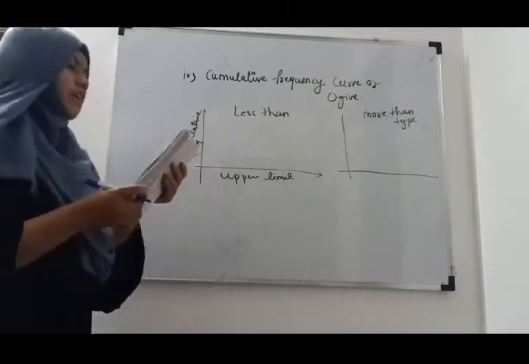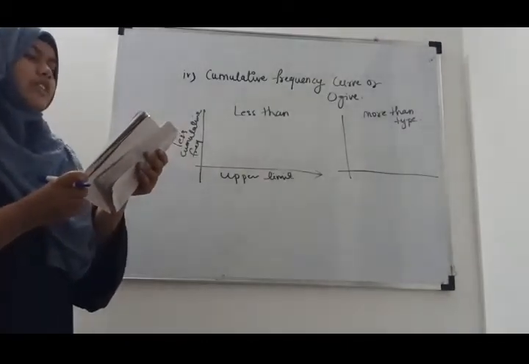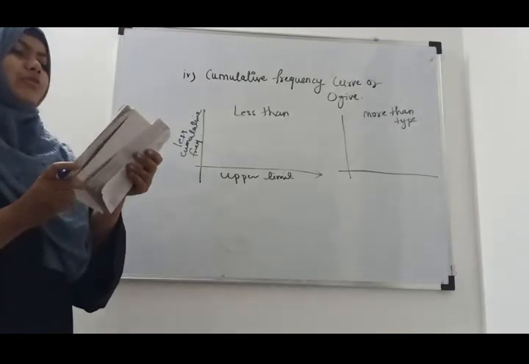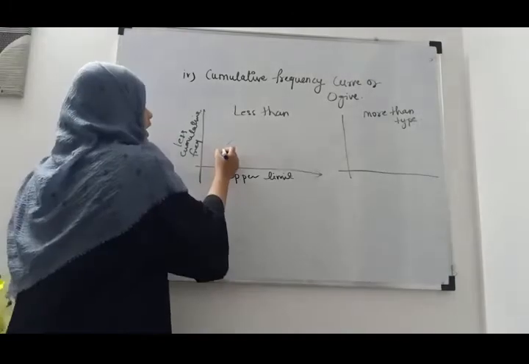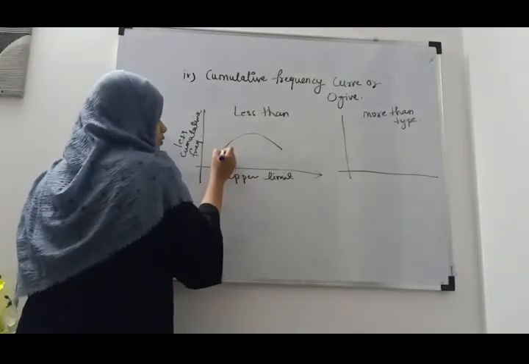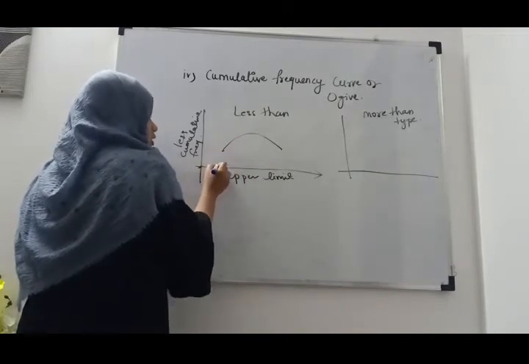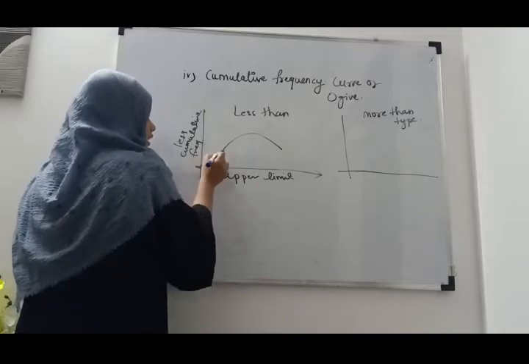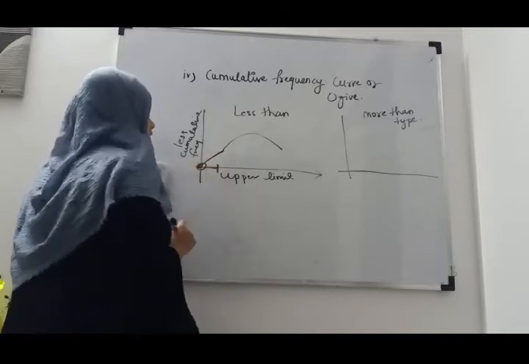Okay, cumulative frequencies on the y-axis. Also a preceding class before the first class. Now to make this curve, we have to take the preceding class of the first class and join it by taking the frequency as 0.